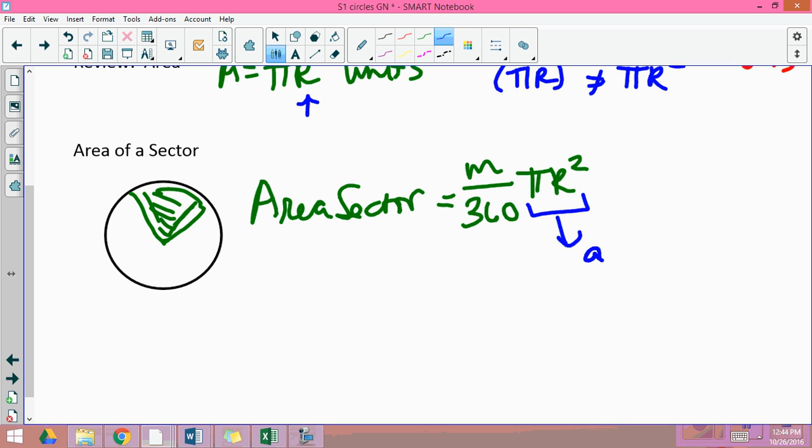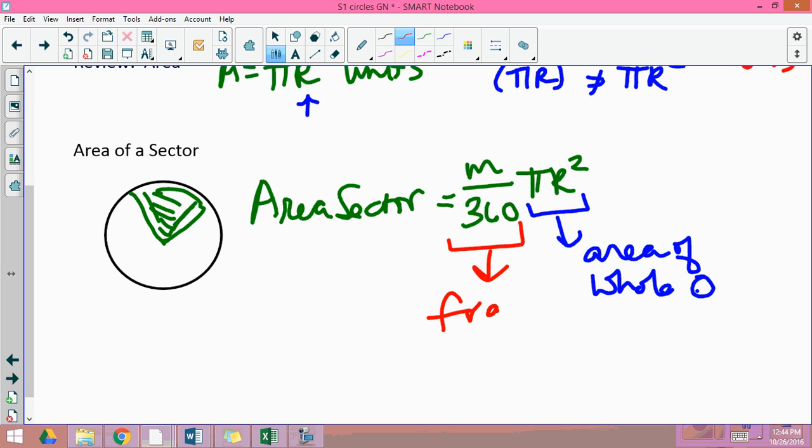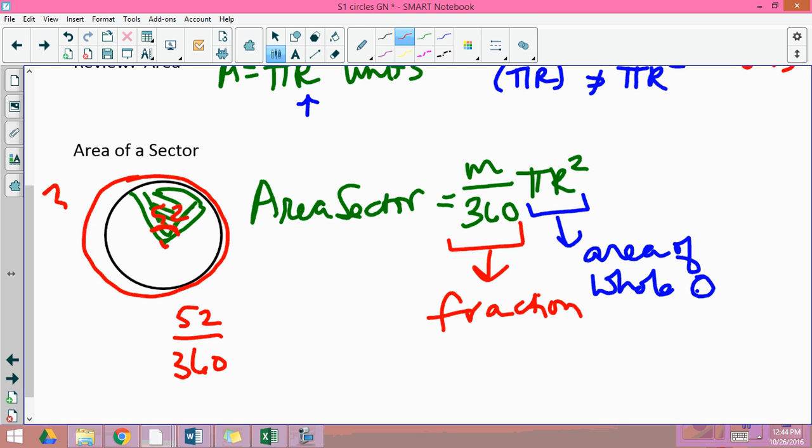This is the area of the whole circle, and this portion is the fraction, the part that we're concerned about. When we talk about the measure of the angle, we're talking about this angle right here. If this were a 52-degree angle, then our fractional part would be 52 out of 360, because it's 360 degrees all the way around a circle.